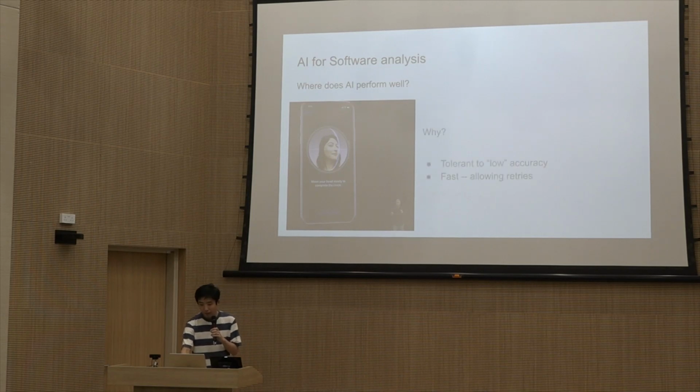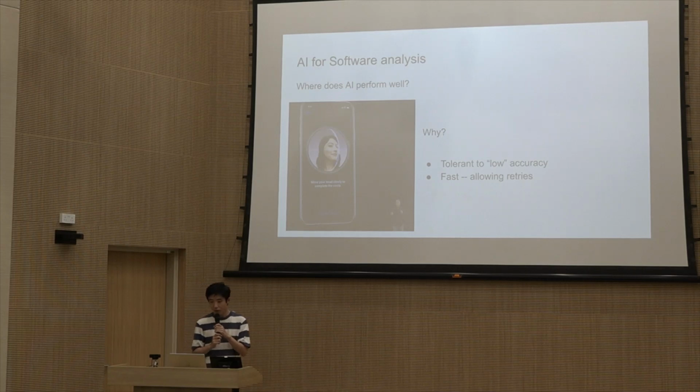It's because this scenario is tolerant to relatively low accuracy. If I cannot unlock my phone with the first glance of the AI model, then I just try again, right? So we don't need that high level of accuracy. It's also fast, because it takes only 1 or 2 seconds for us to unlock the phone. So we can also retry many times if it doesn't work.